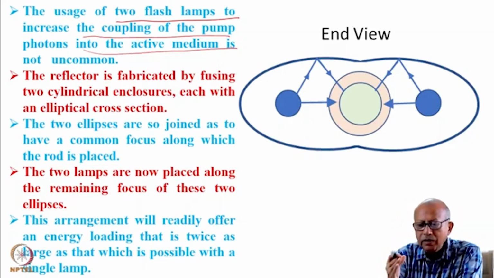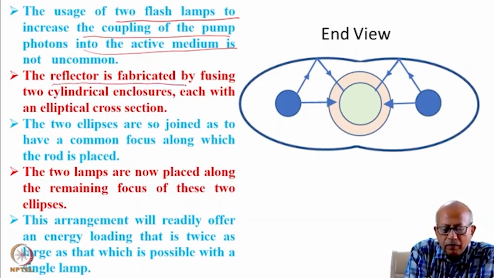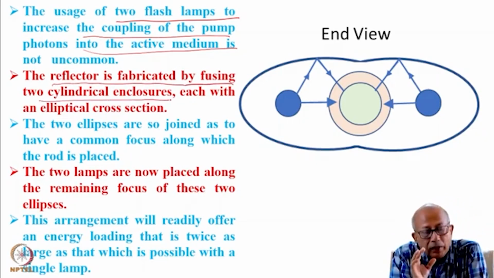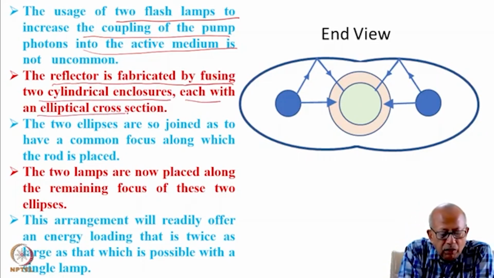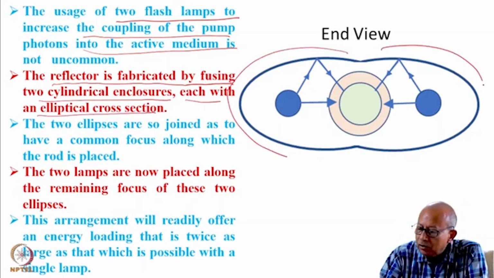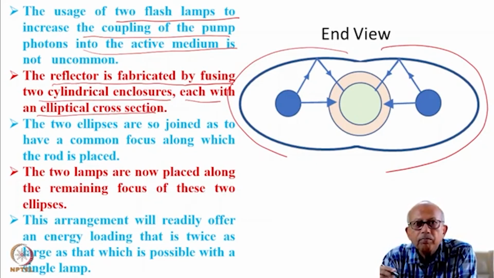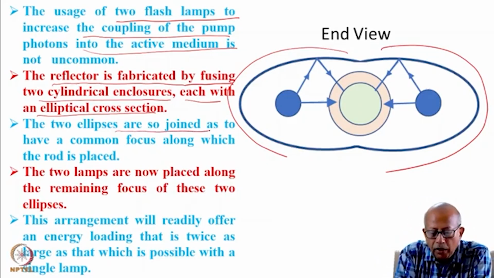So what is done here? This reflector is fabricated by fusing two cylindrical enclosures into one, each with an elliptical cross section. Both have elliptical cross sections, as you can see, and they are fused into one. The two ellipses are so joined as to have a common focus.